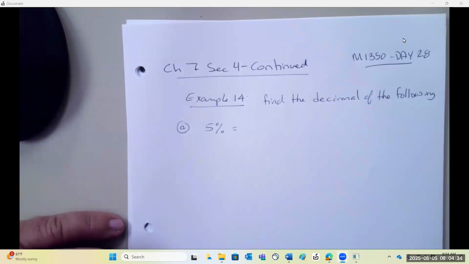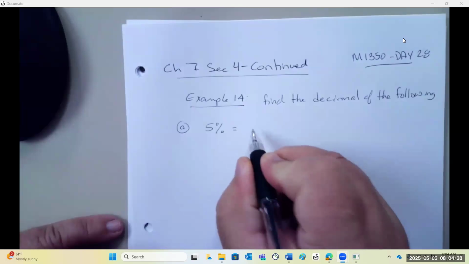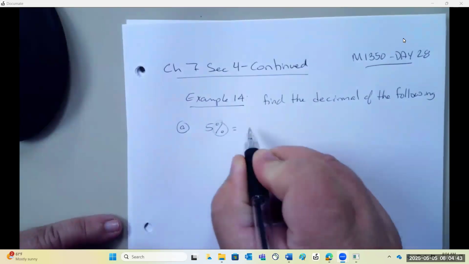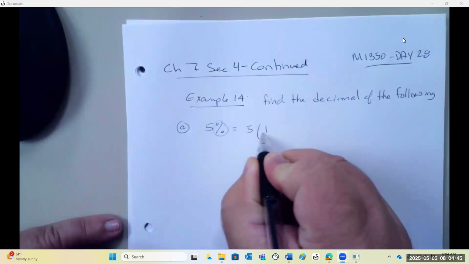I'll put in the decimal place behind the 5 and move it 2 times forward. Before we move forward, left or right? Because what does percent mean? Percent means 1/100.